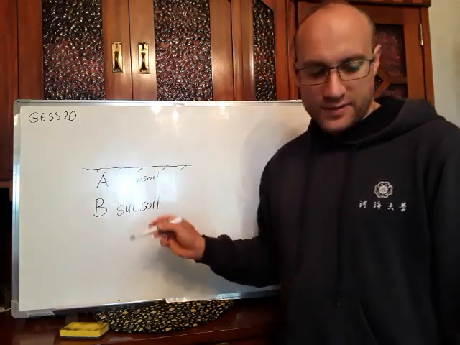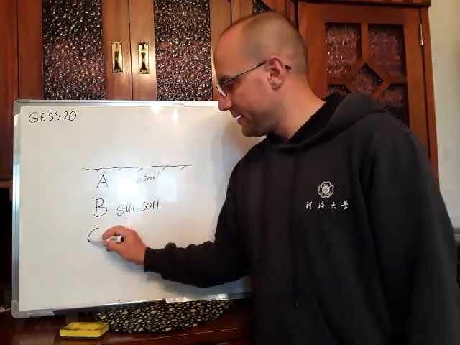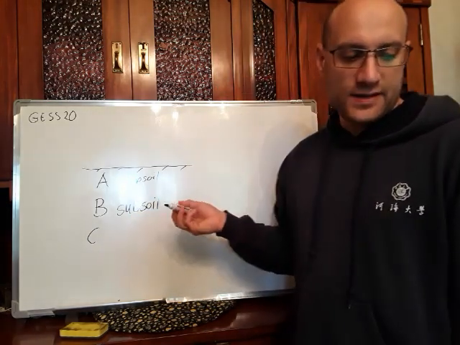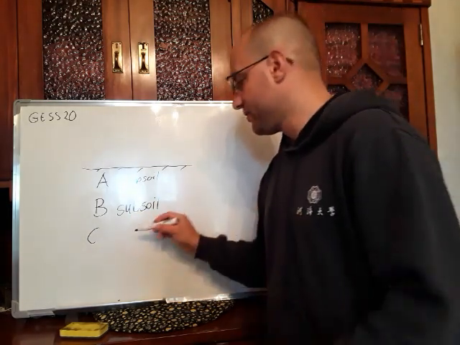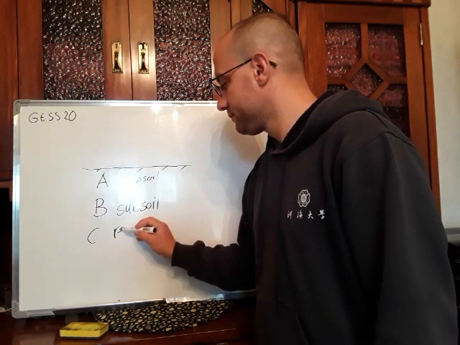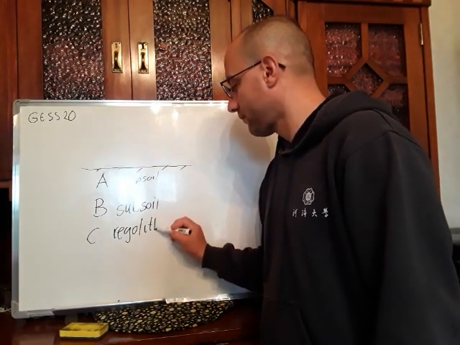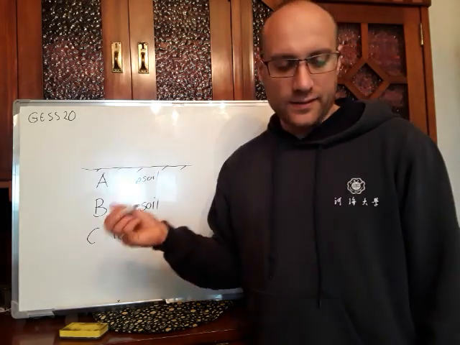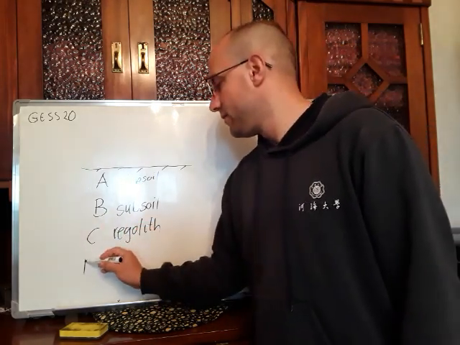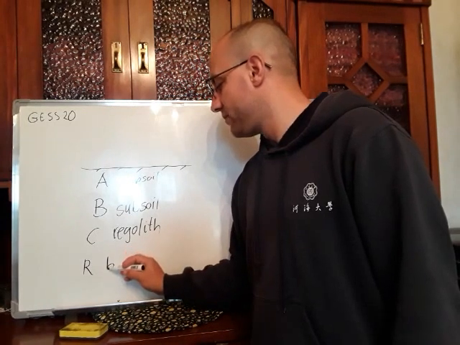Under that we'd find the C horizon, which is actually the regolith. And below the regolith we would find our R horizon with the bedrock.